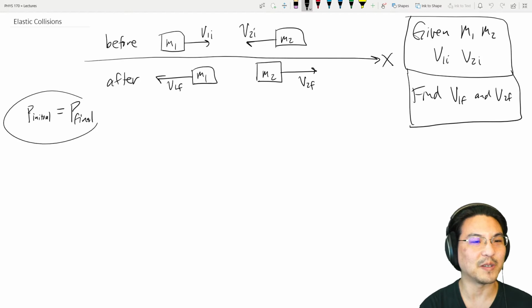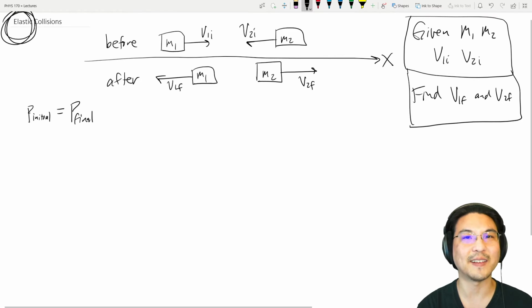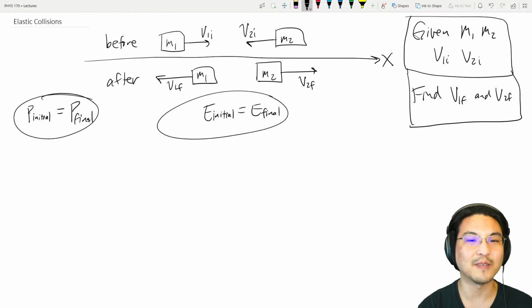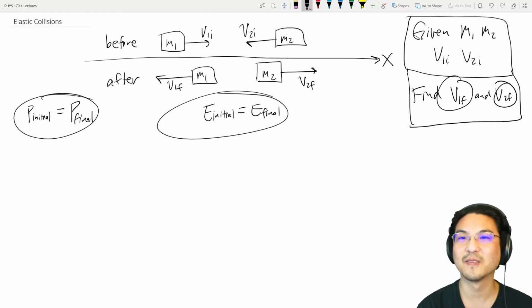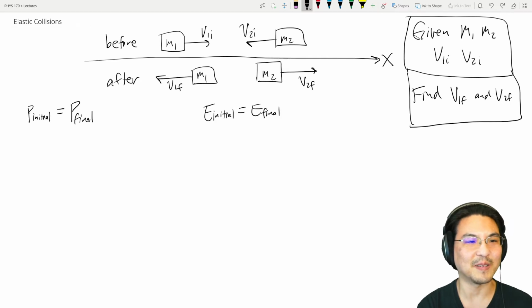So we have this one equation for the collision. Special case, if we assume it's elastic, then also energy is conserved. So we have two equations, two unknowns, so we can solve it. Let's get to the details.